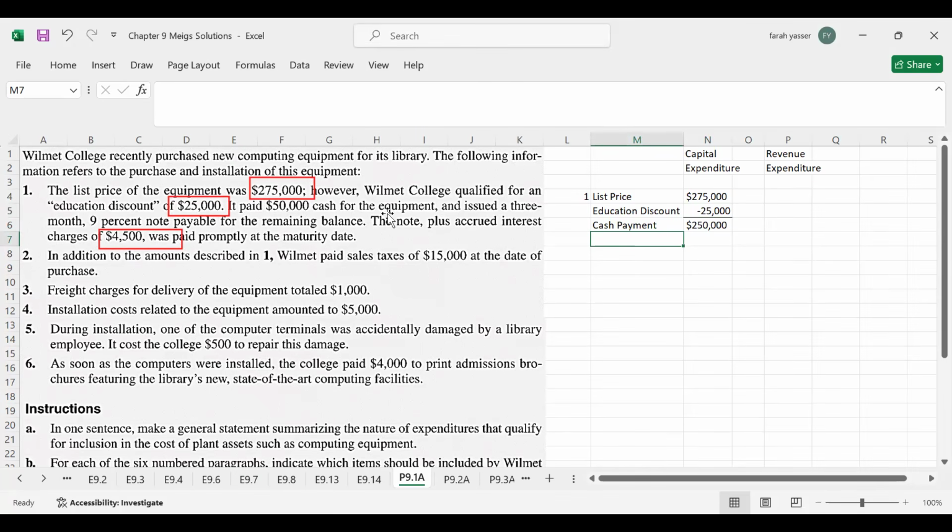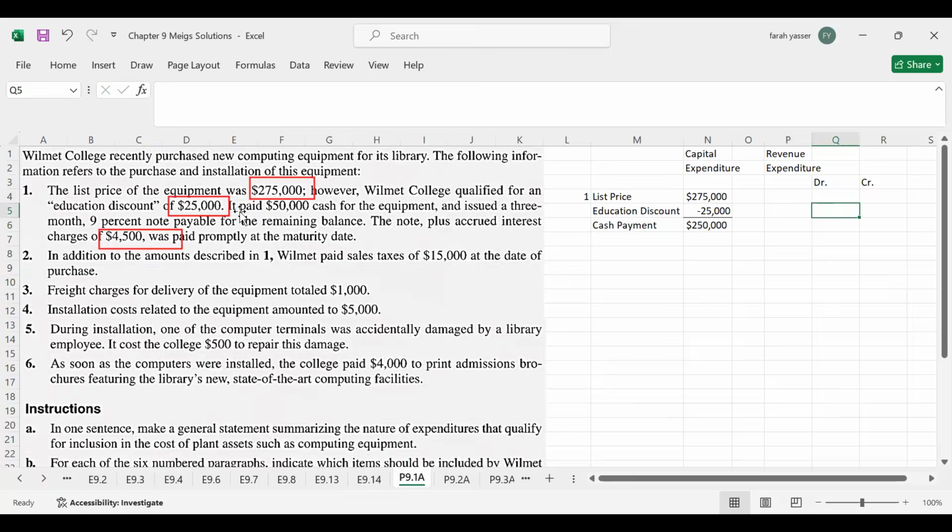And then here the company paid. So company paid cash. Accounting treatment, we have a debit column, we have a credit column. The company purchased equipment, so equipment is basically debited by 2,50,000. Here just revenue expenditure. We will discuss the treatment of revenue expenditure.